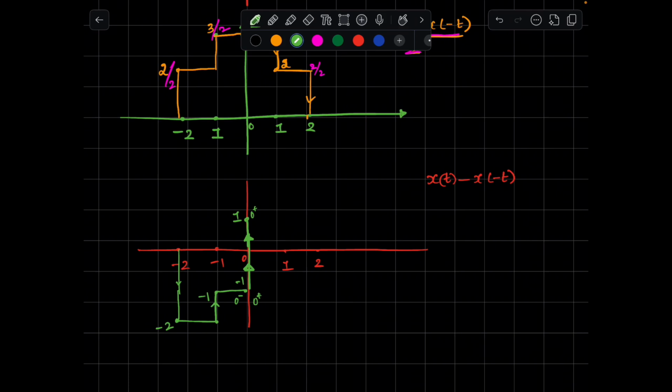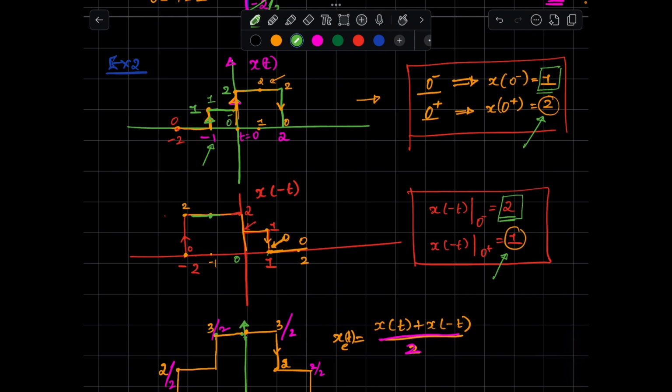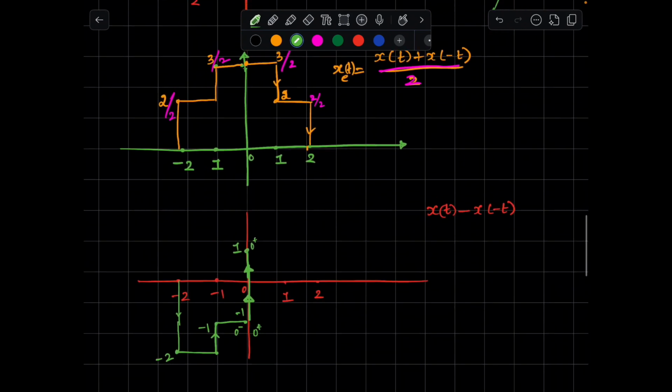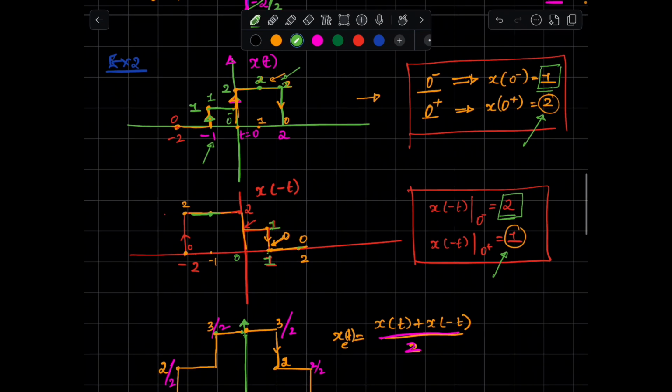Next is the point just before 1. Now you see the amplitude of the first signal is always 2 and just before 1 the amplitude of the other is 1. So 2 minus 1 will be equal to 1. So just before 1 the amplitude should be equal to 1. So I can join this line. The next point we have to consider is 2. Just before 2 the amplitude was 2, and here nothing.